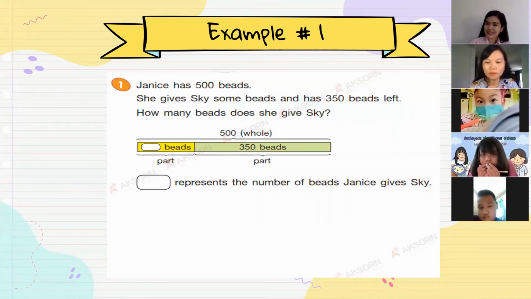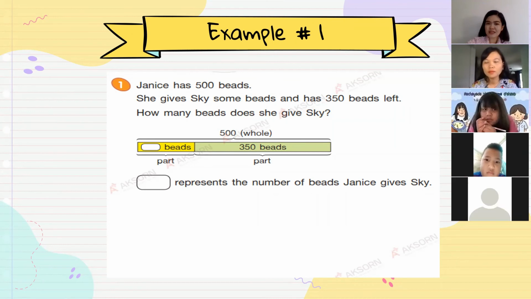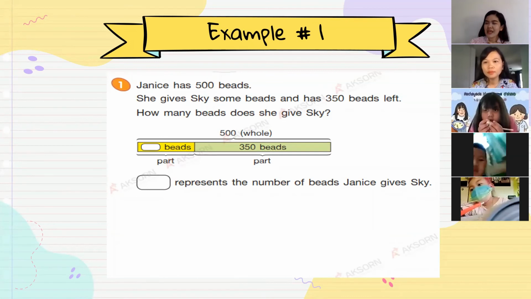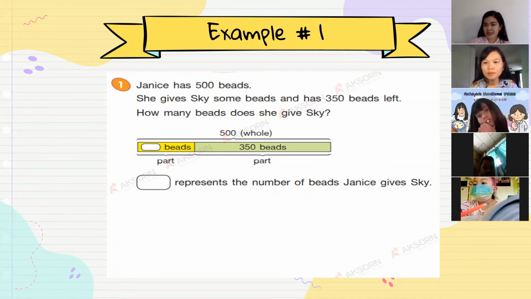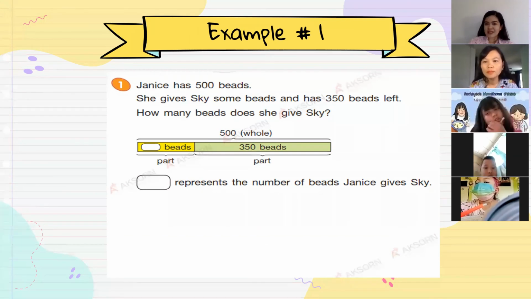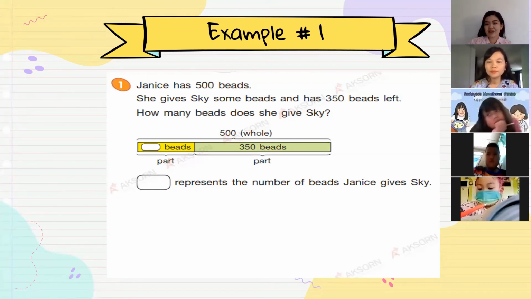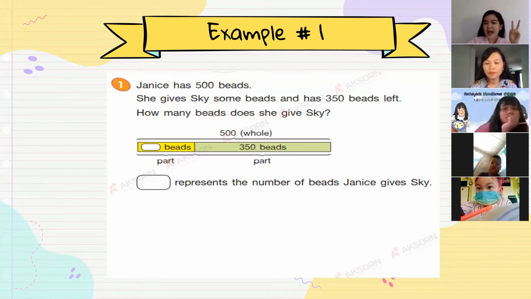So for example, teacher has 500 beads and then gives some beads to teacher M, and then is left with 350 beads. How many beads does she give to teacher M? So we're going to find the beads that I give to teacher M. Okay? Did you understand?